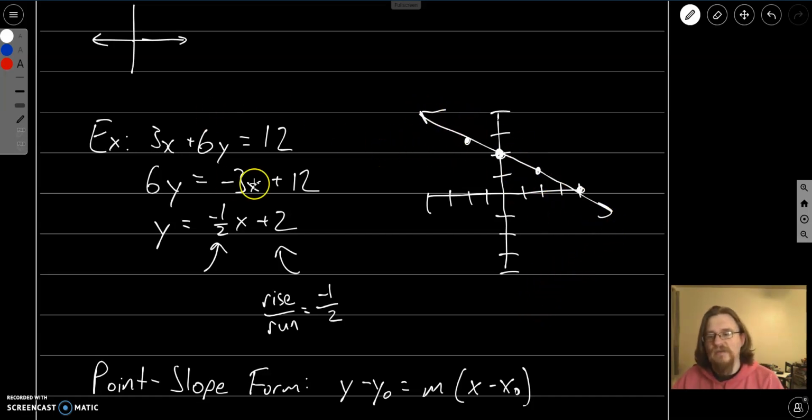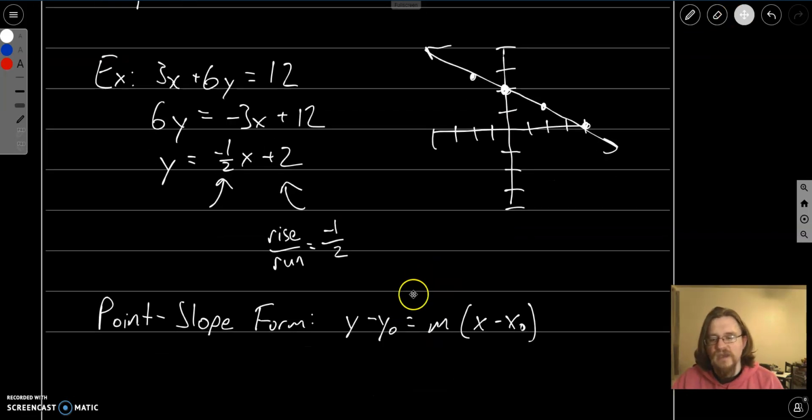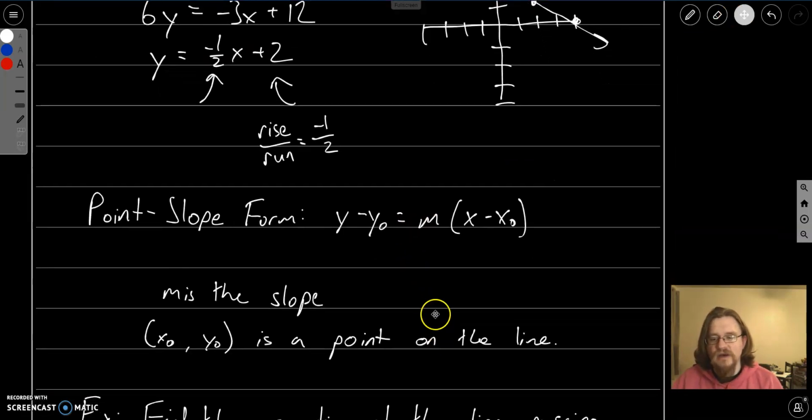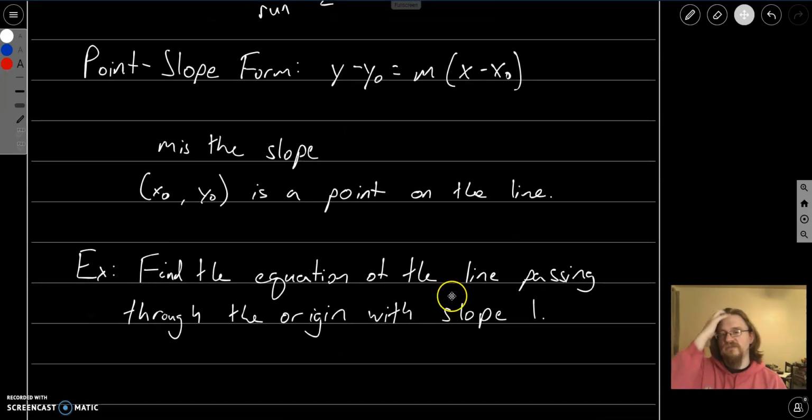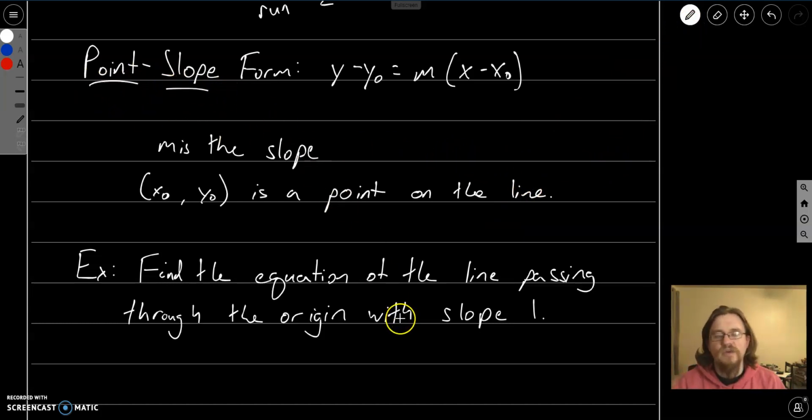So graphing these is quite simple when we can identify what m is, what our slope is, and what b is, our y-intercept. There is another way to write the equation of a line. Another really nice way is point slope form.